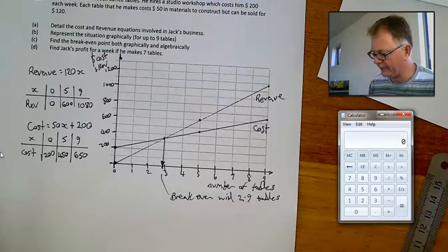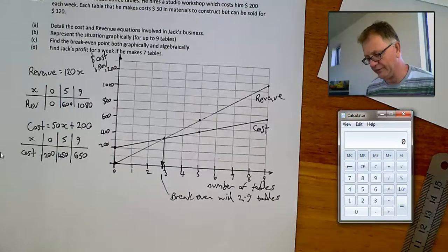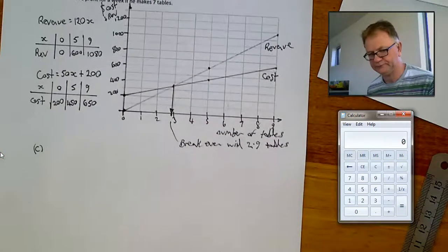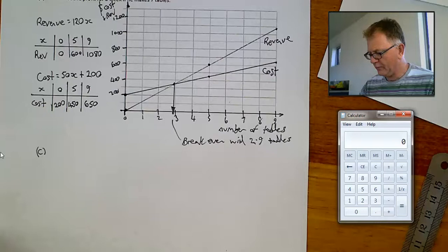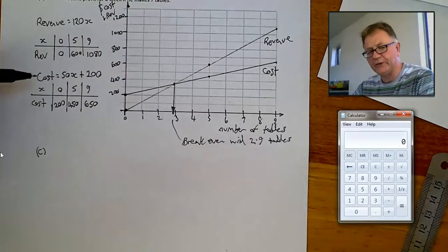Let's have a look at part C of the question. We've already started talking about the break-even occurred graphically at 2.9. It also asks us to work out that algebraically. Here's how you could go about it. We want to know when this line is equal to this line. We want to find the intersection between the two lines, and that's not difficult if you just make the two equations equal.